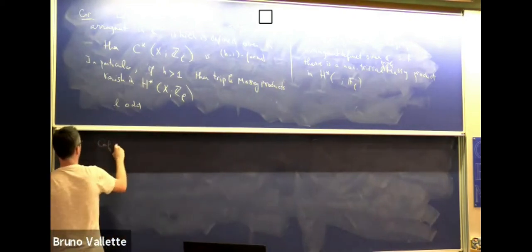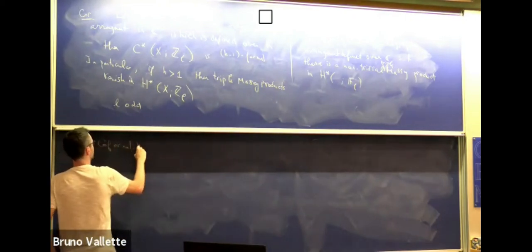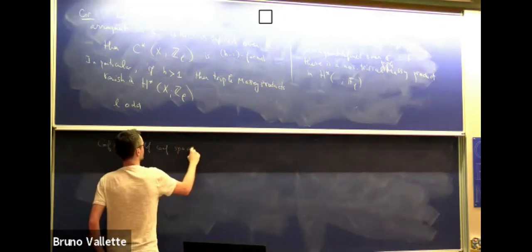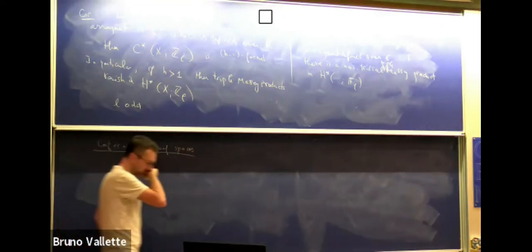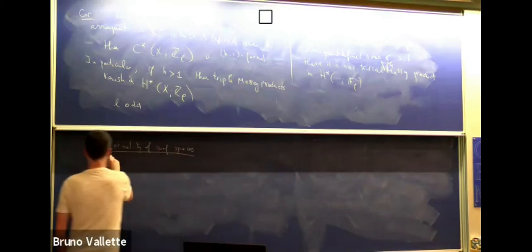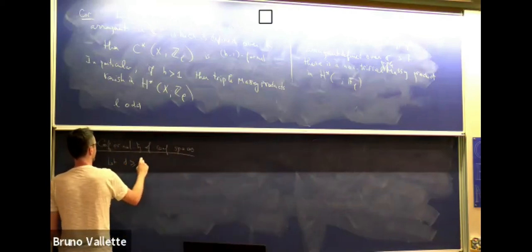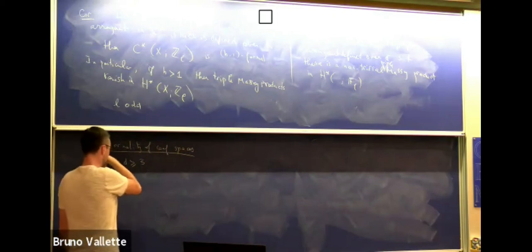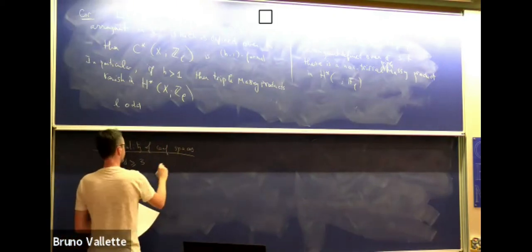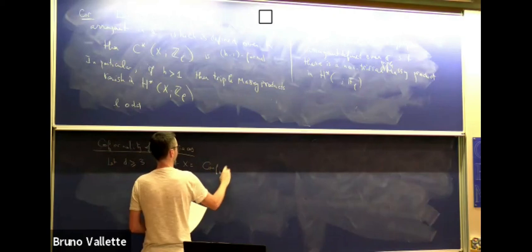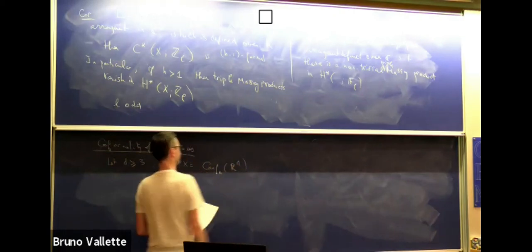So my last example is formality of configuration spaces. Let D be greater than or equal to 3. Let X be the space of configurations of points in R^D.